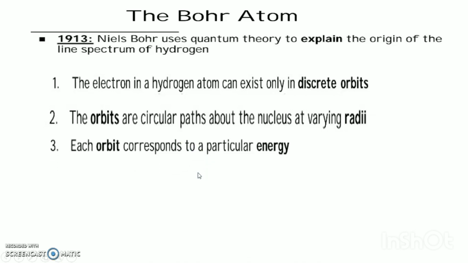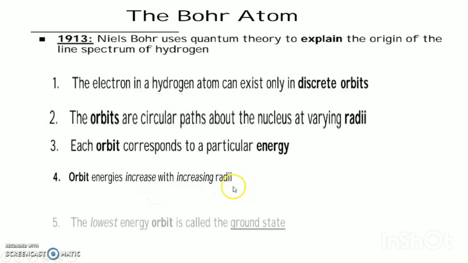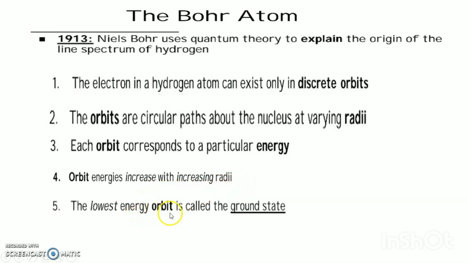Each orbit corresponds to a particular energy. Orbit energies increase with increasing radii. The lowest energy orbit is called the ground state.